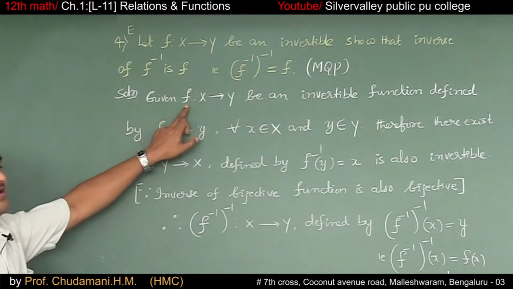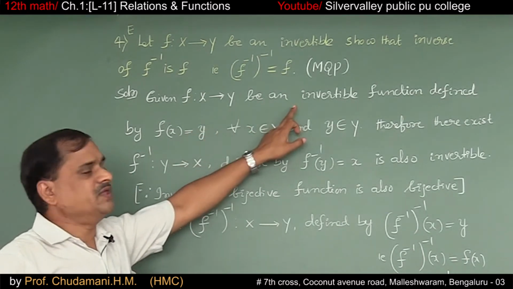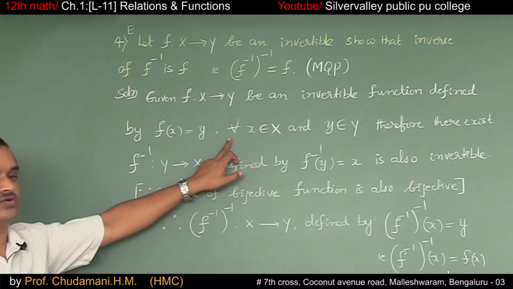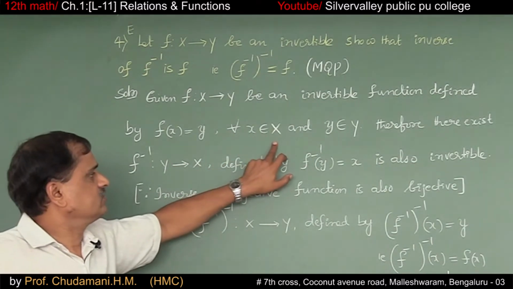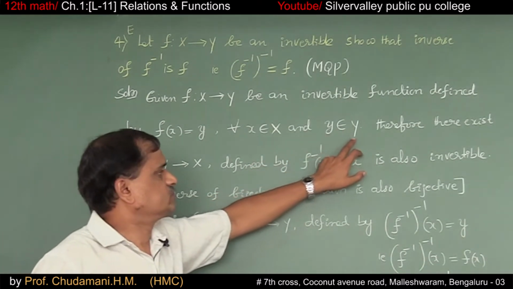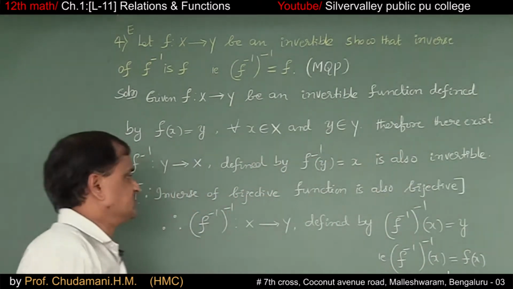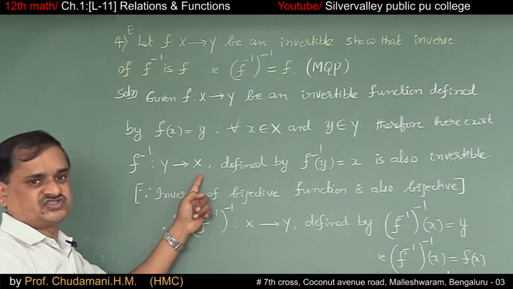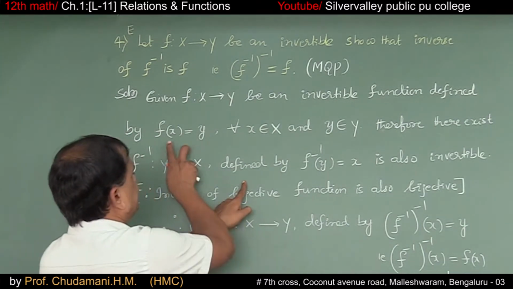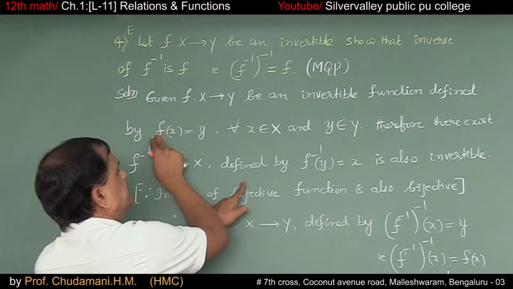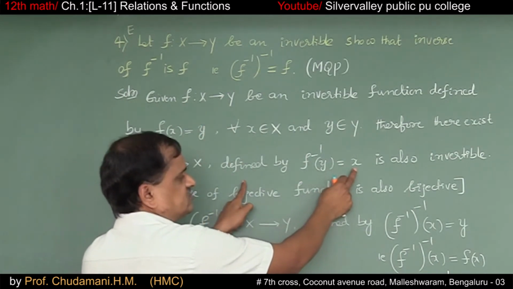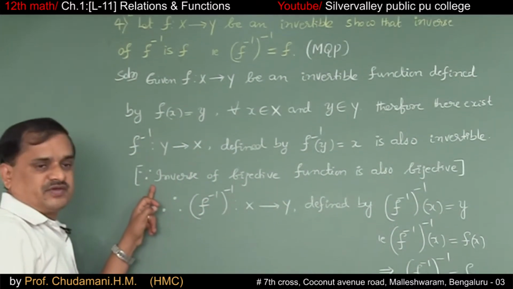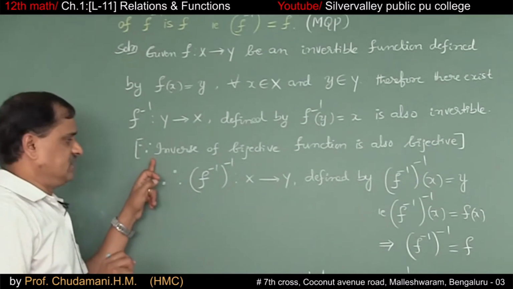Solution. Given f from X to Y is an invertible function defined by f of x is equal to y, for all x belongs to capital X and y belongs to capital Y. Therefore, there exists f inverse from Y to X defined by f inverse of y is equal to x, which is also invertible, because inverse of a bijective function is also bijective.